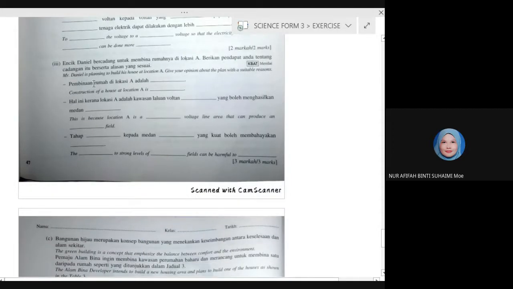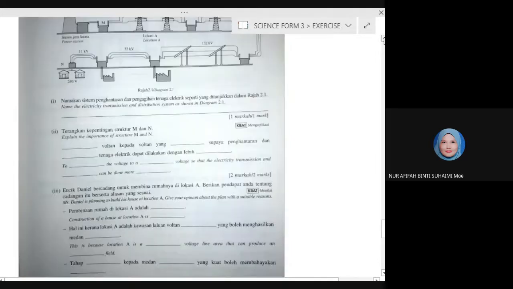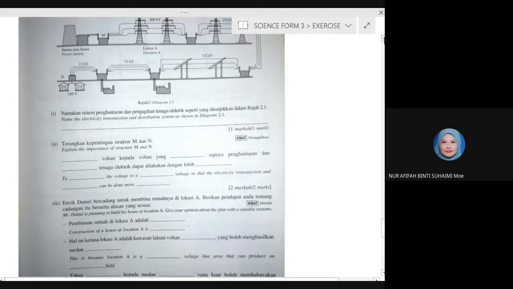Mr. Daniel is planning to build his house at location A. Give your opinion about the plan with a suitable reason. Location A. Oh, location A dekat tengah-tengah pylon ni. Okay, see here.